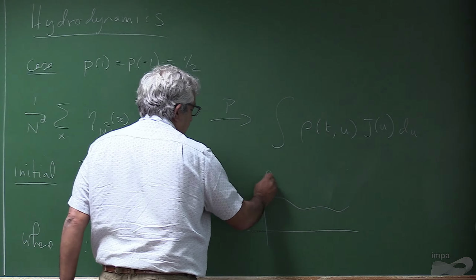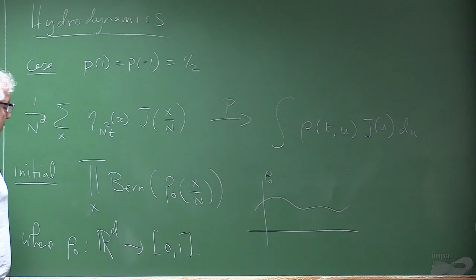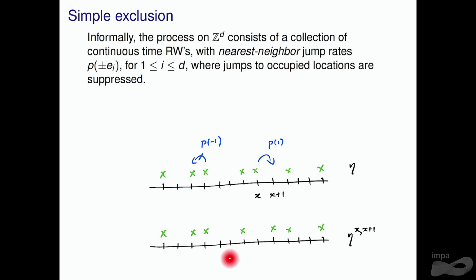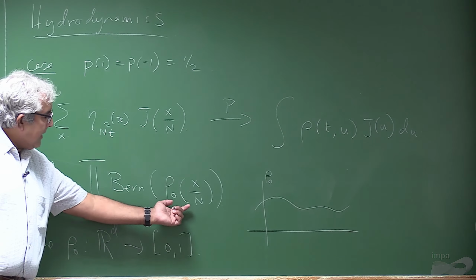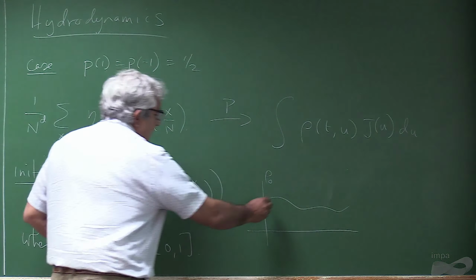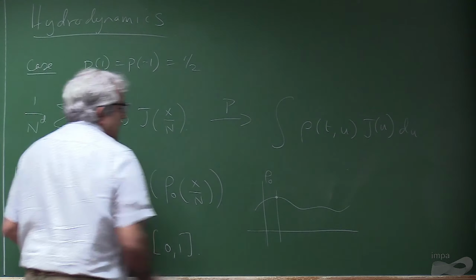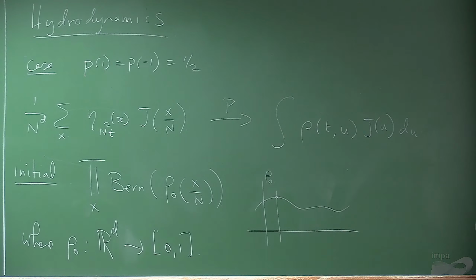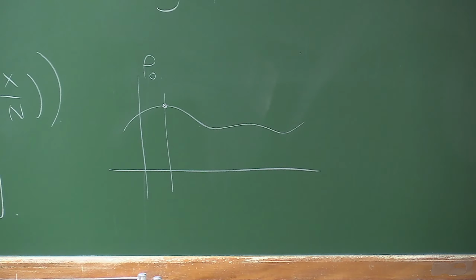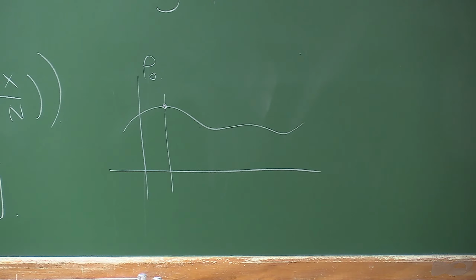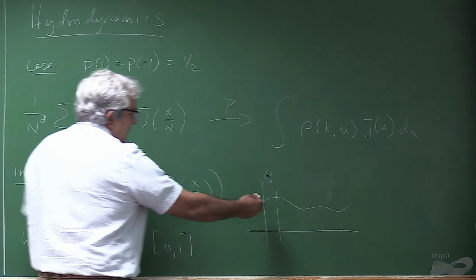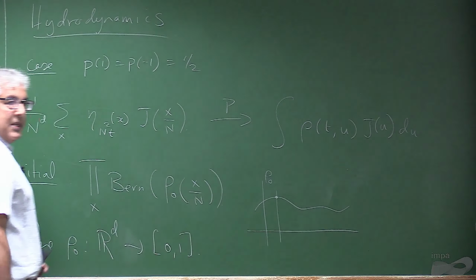This is rho naught, and at each point you put a particle with probability according to this level at x, and not with the complement probability. And you do that independently. So this would be a microscopic initial condition, and this would be some sort of smoothed out continuum initial condition.